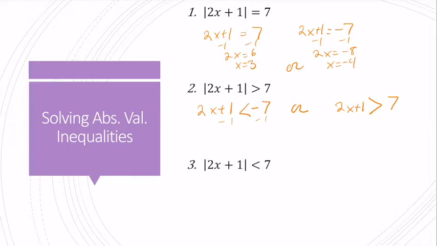I subtract 1 from both sides, so 2x is less than negative 8, and I get x is less than negative 4. Next, I subtract 1 from both sides, I have 2x is greater than 6, so x is greater than 3. So I have x is less than negative 4, or x is greater than 3.